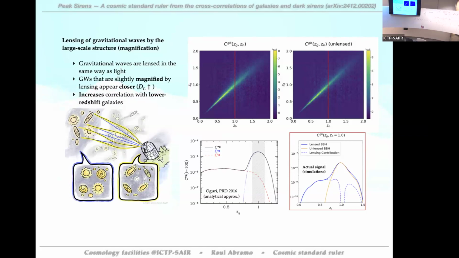Did you consider cosmic magnification in the galaxies? This is the lensing of the gravitational wave. No, that's for the distribution of the binary black holes. I mean cosmic magnification in the cross-correlation between the galaxies.